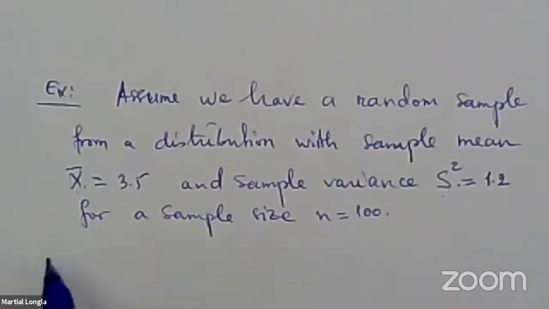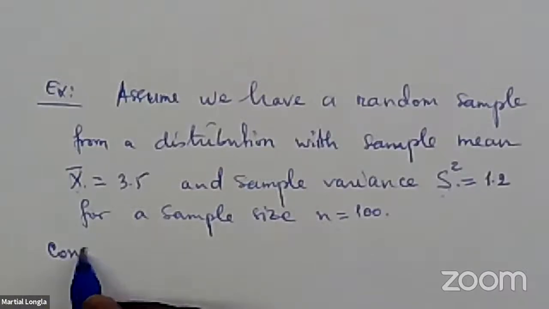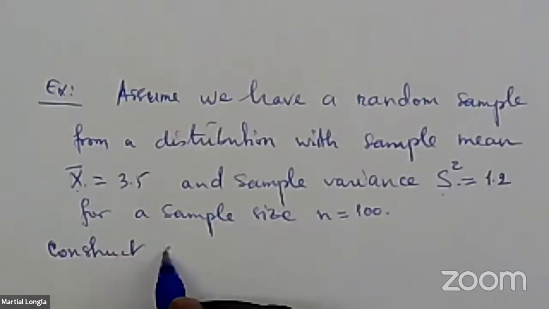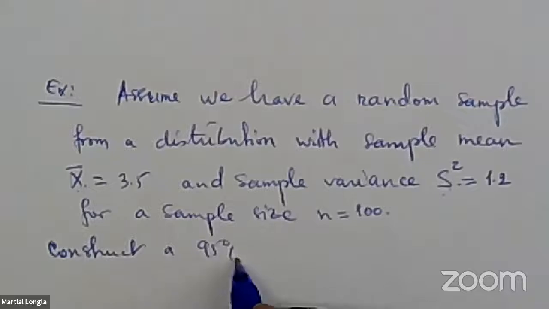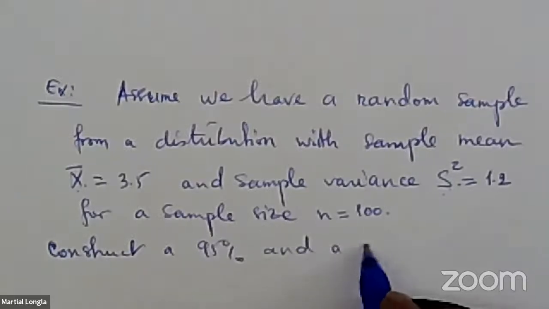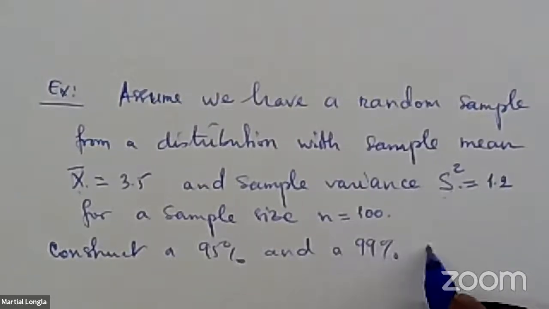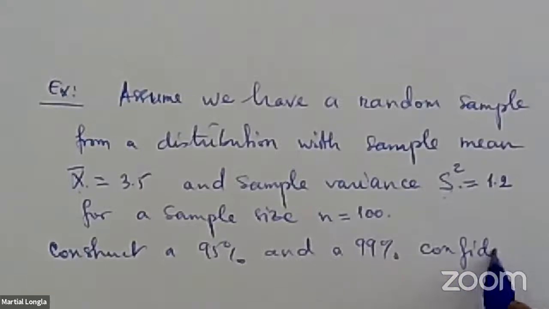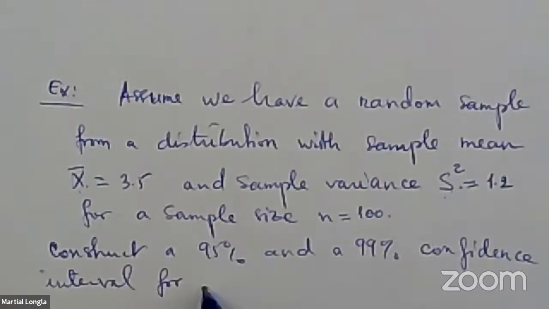And so the question: construct a 95% and a 99% confidence interval for the mean mu.